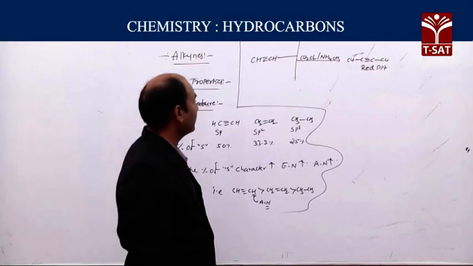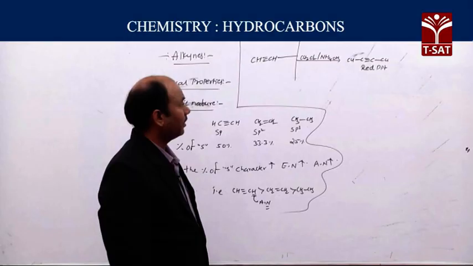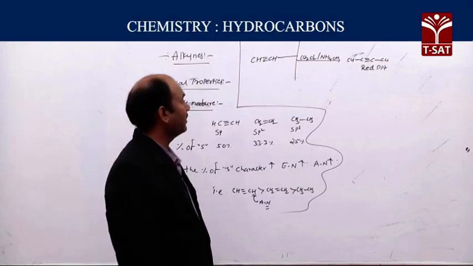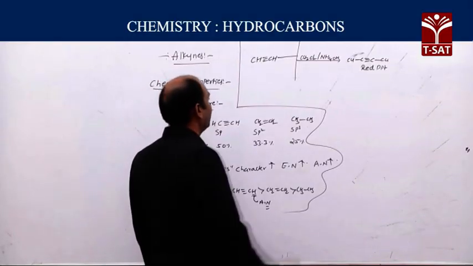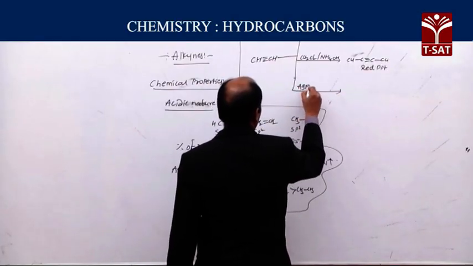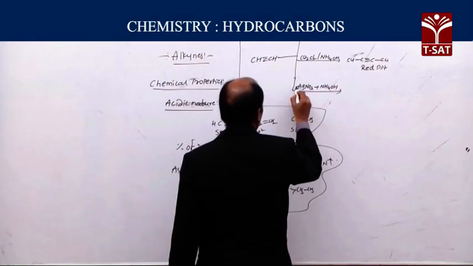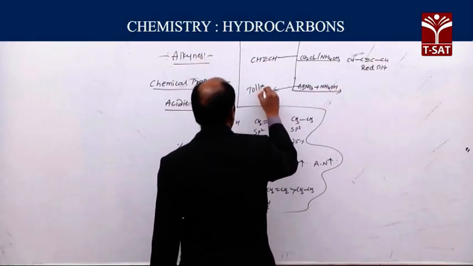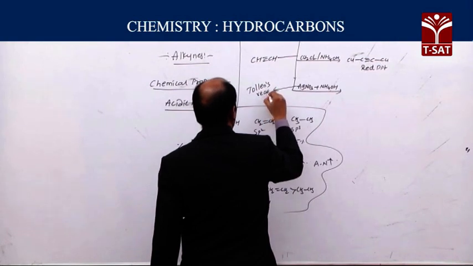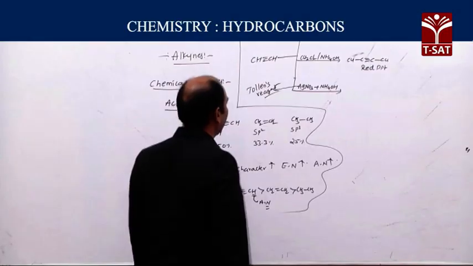This acetylide reaction is used for differentiating between terminal alkynes and non-terminal alkynes, and similarly terminal alkynes and alkenes. If it is treated with Tollens reagent, that is AgNO3 plus NH4OH, ammoniacal silver nitrate, what happens?